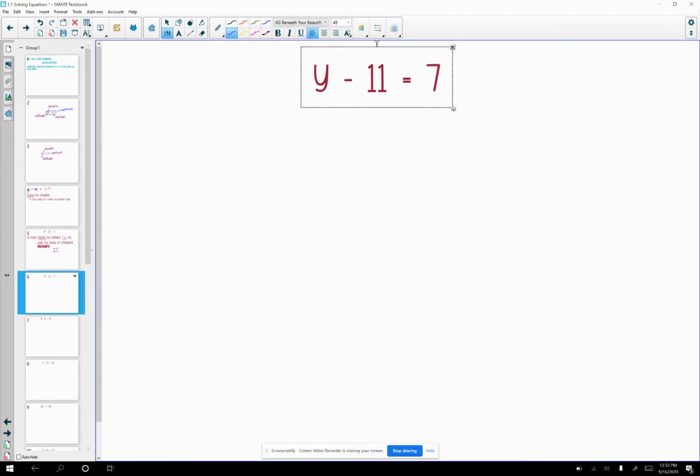So for this first equation, my goal is to get y by itself. To do that, I'm going to split mine down through the equal sign, because whatever you do to one side, you must do to the other side.